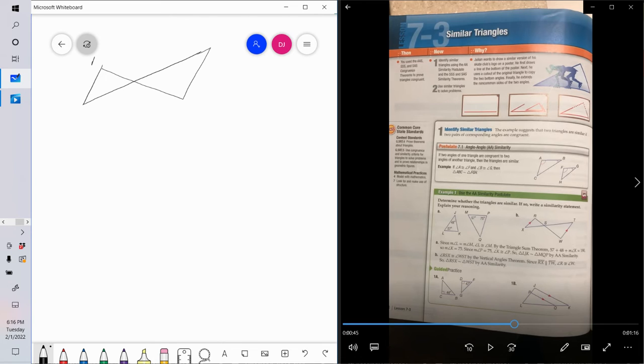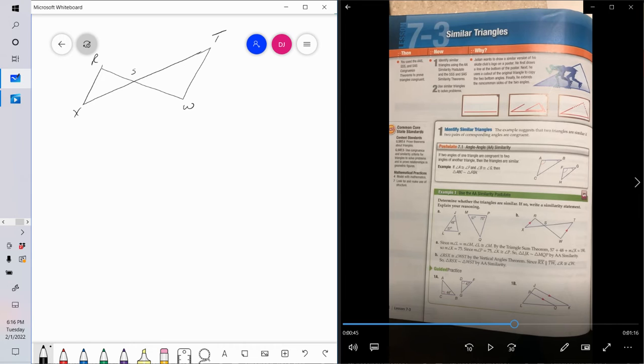So here we have R, X, S, T, and W. It kind of looks like a bow tie, right? We've got the triangle on the left over here, and the triangle on the right over here. They don't look like the same size. They might be, they may not be, and quite honestly, that doesn't matter.